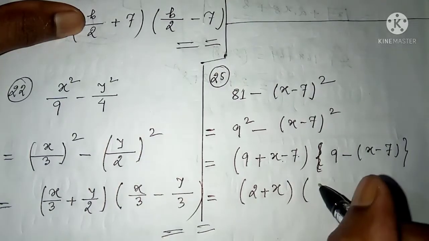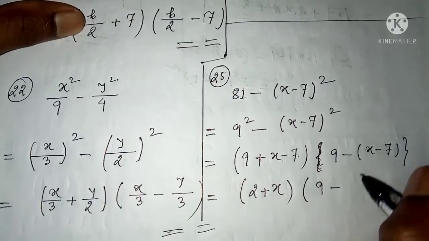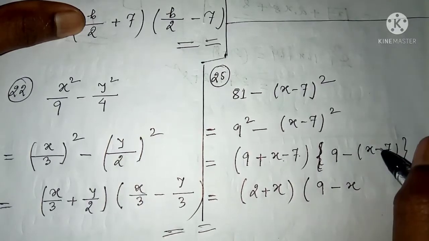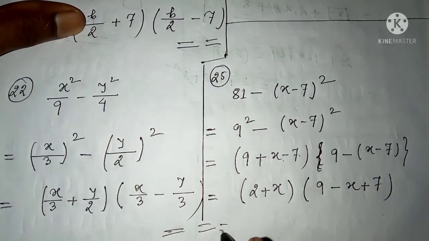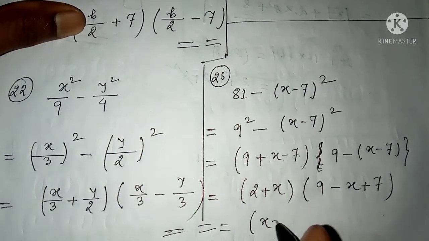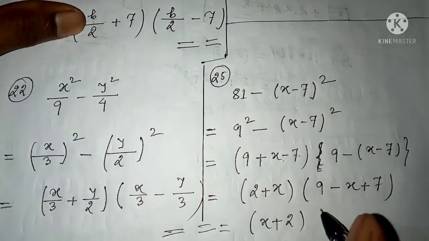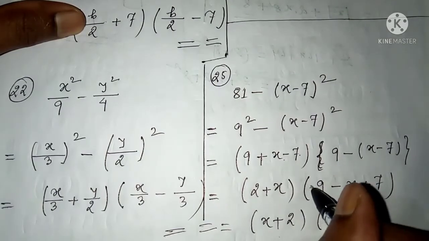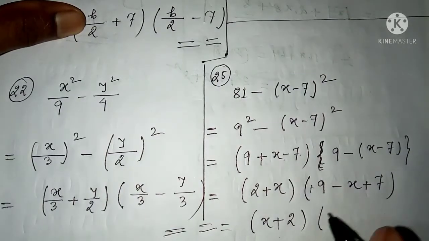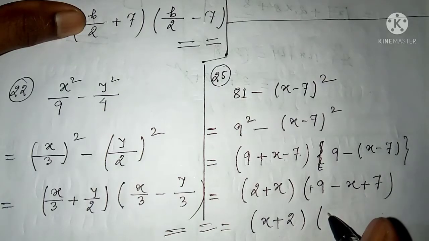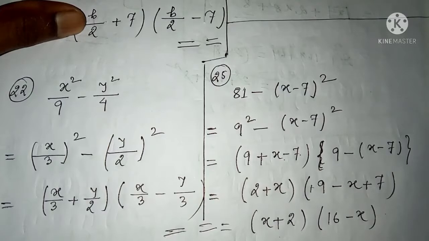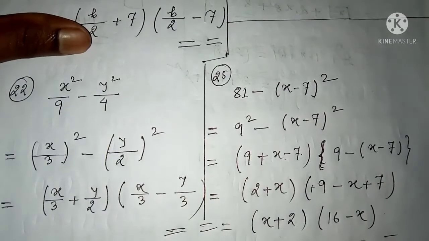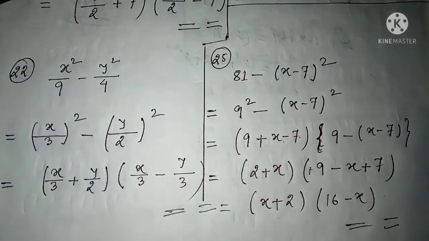Then you write here 9 minus x, then minus into minus, that is plus 7. But I'll write this one as x plus 2. Then see, 9 plus 7, how much is that? 16, so 16 minus x. So this is our answer to the 25th number question.